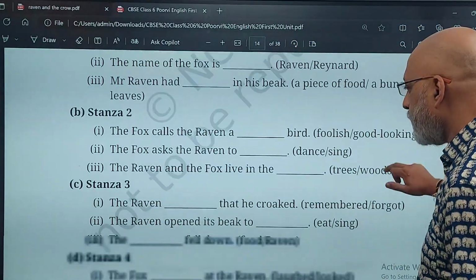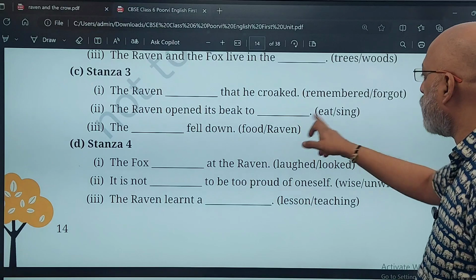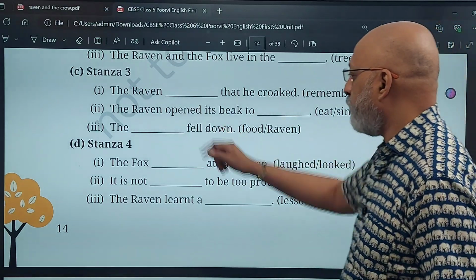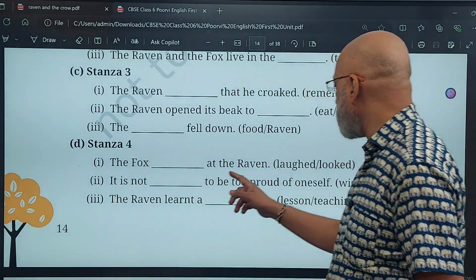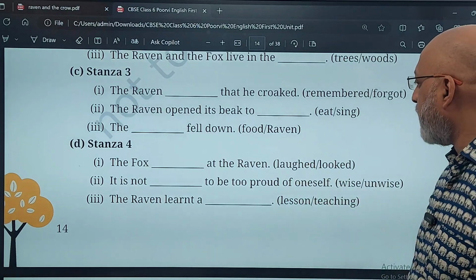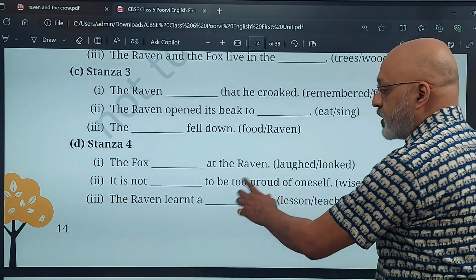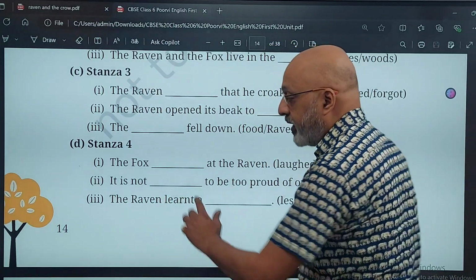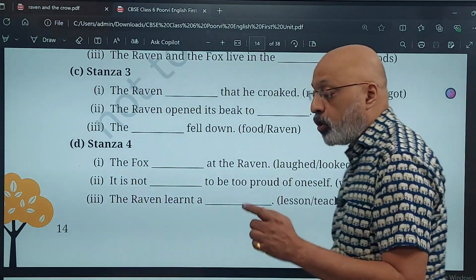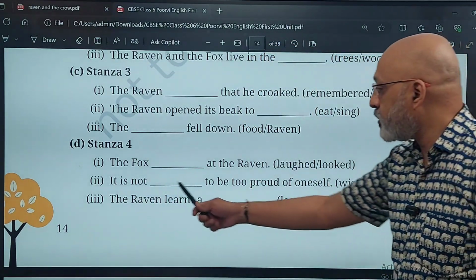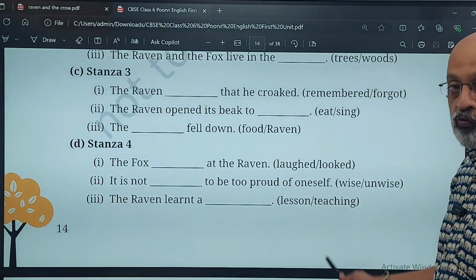Okay. The raven opened his beak to sing. The food fell down. Stanza 4. The fox laughed at the raven. It is not wise to be too proud of oneself. इस तरह के sentences को जरा ध्यान से देखना कि यहां पर not है, तो not करके unwise मत लिख देना. It is not wise to be proud of oneself.